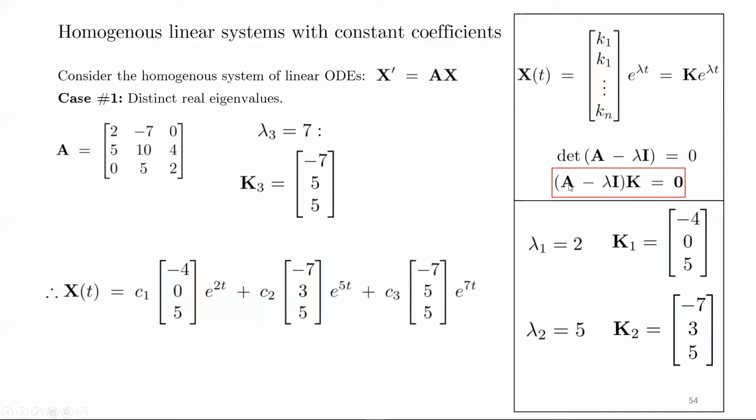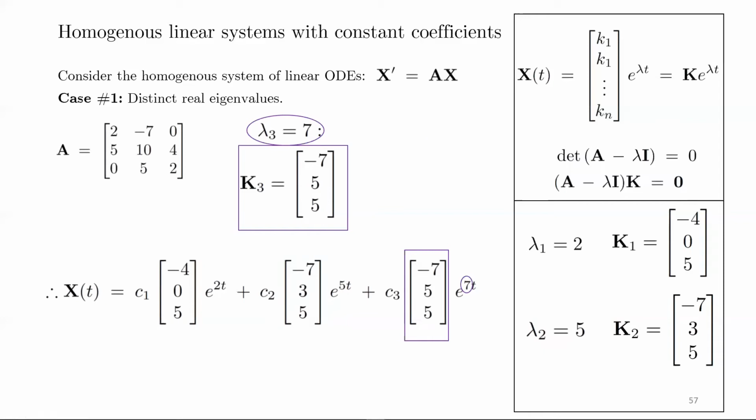So some constant C1, times the first eigenvector K1 times e to the 2t, where the 2 is the eigenvalue, so lambda 1 equals 2, plus C2 times K2, the second eigenvector, times e to the 5t, where the 5 is the second eigenvalue, plus C3 times K3, the third eigenvector, times e to the 7t, where the 7 is the eigenvalue lambda 3.